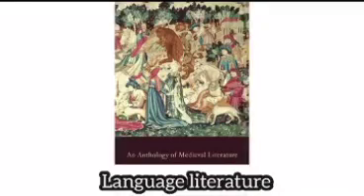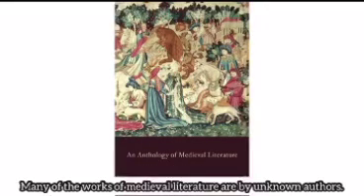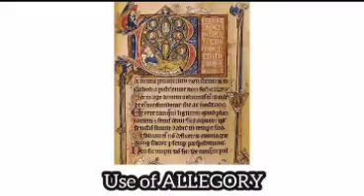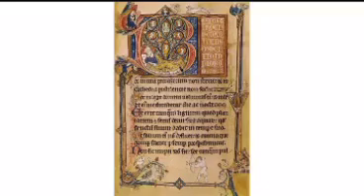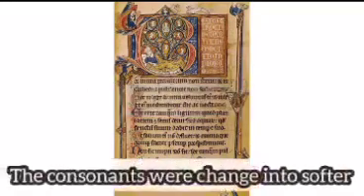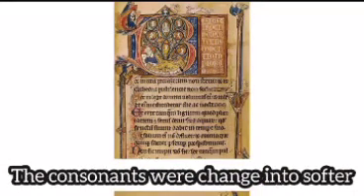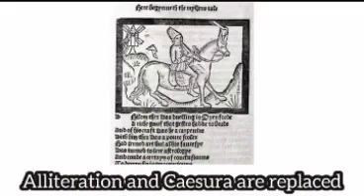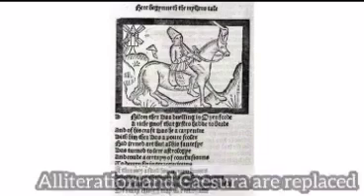In the language and literature, many of the works of medieval literature are by unknown authors, and most of them use allegory. In the assimilation, the consonants were changed into softer ones, English became standardized, and the old alliteration and caesura were replaced.